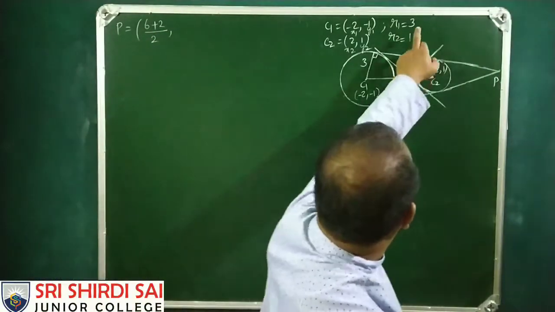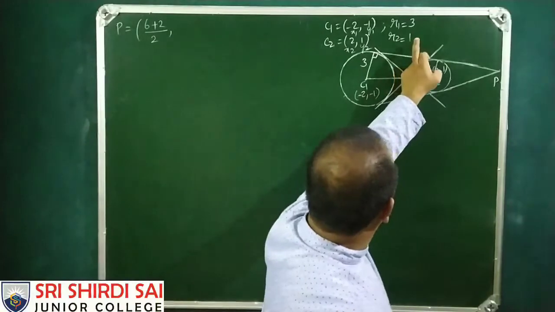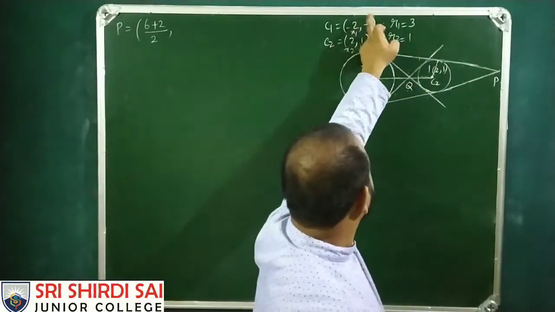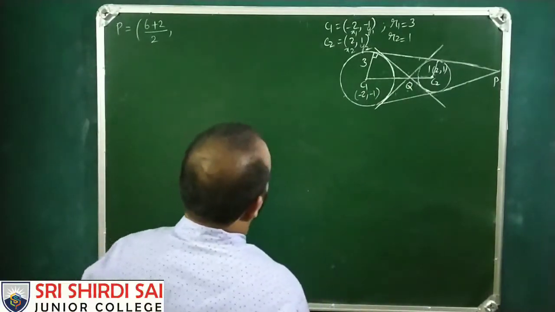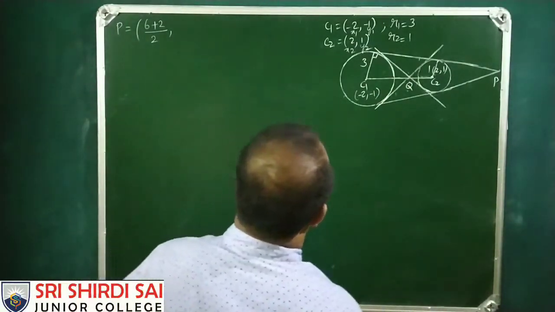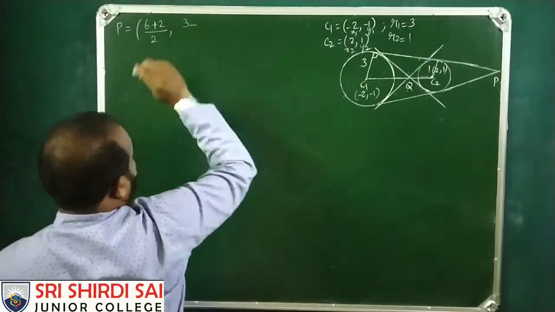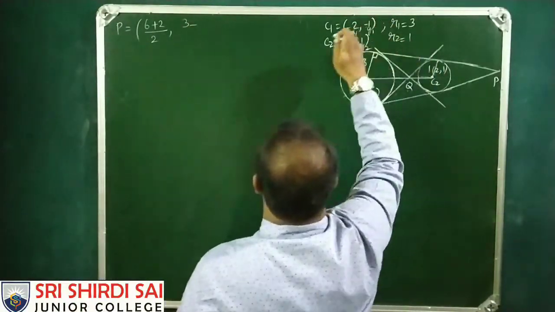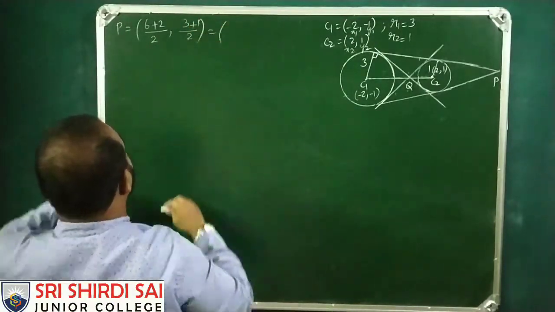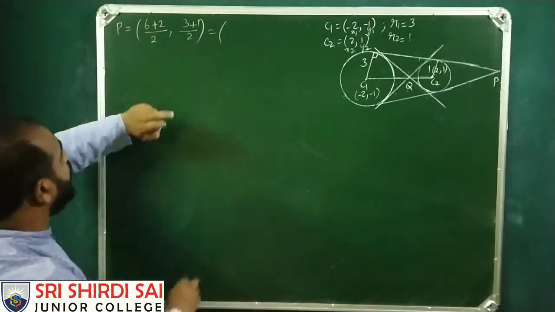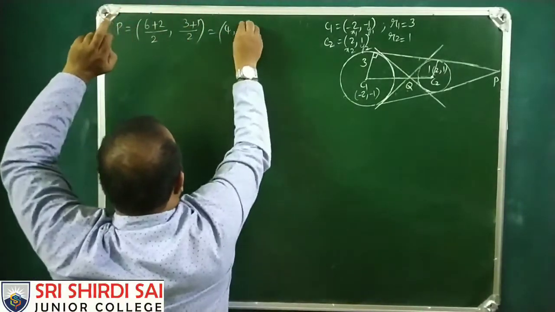Again R1 x2, 3 twos are 6, minus R2, 1 into minus 2, so minus of minus plus, by R1 minus R2. So R1 y2, 3 into 1 is 3, minus R2 y1, 1 into minus 1, minus of minus plus 1, by 2. How much? 6 plus 2, 8 by 2 is 4, comma 3 plus 1, 4 by 2 is 2. So P is 4 comma 2.